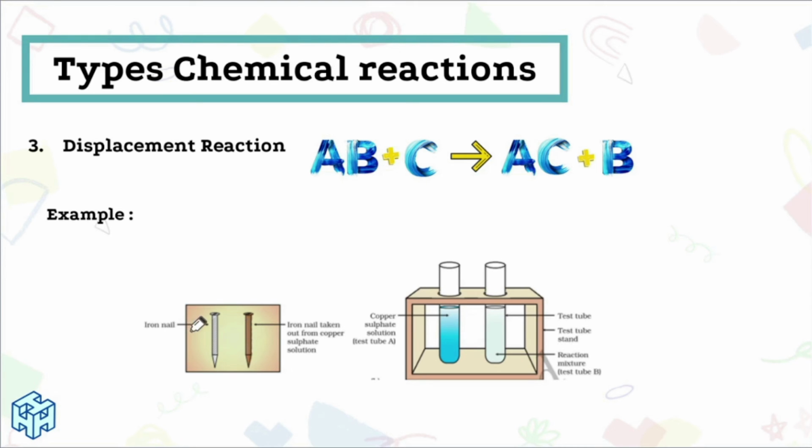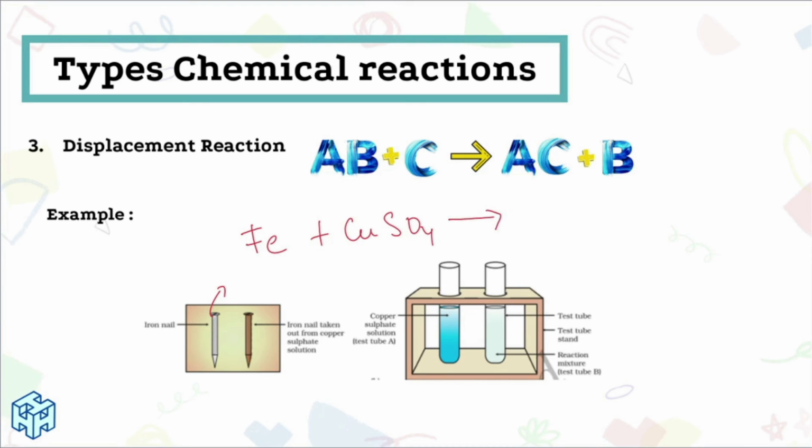Let me give you some chemical examples. I am giving an example here. I have an iron nail, and I am dipping this iron nail in a copper sulfate solution.